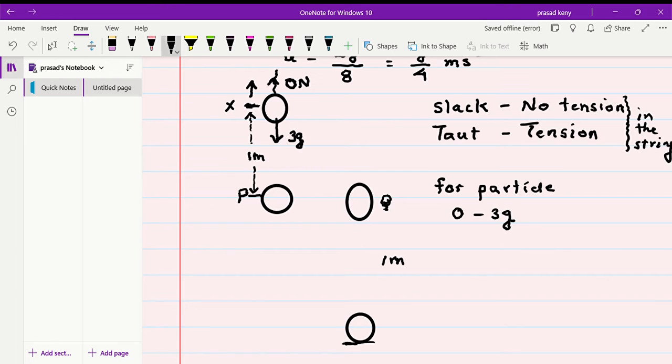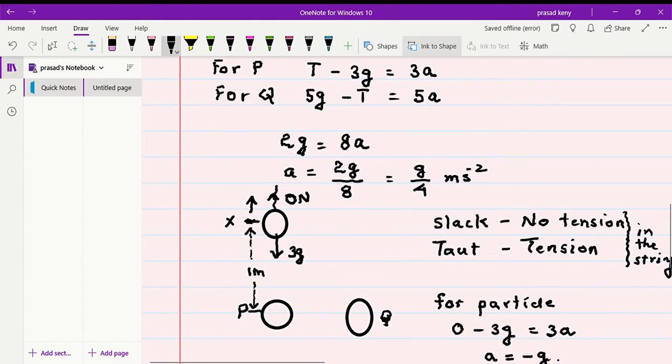So this will be equal to 3a, or that gives a is equal to negative g, which will mean after x, the particle will decelerate due to gravity at a rate of 9.8 meter per second square, and then after traveling a small distance upwards, it will come to rest at some point y here.